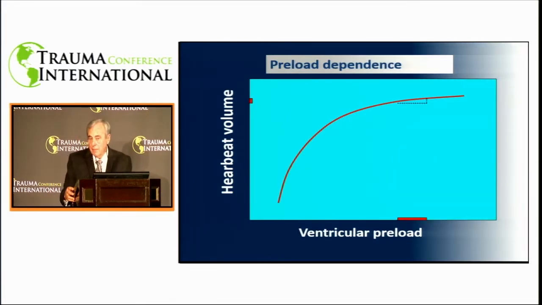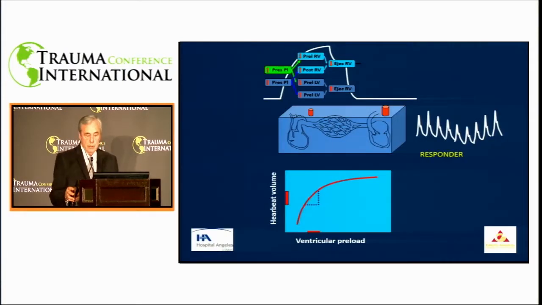But those that are in the flat stage, which are the patients that won't respond to volume, are the ones that probably already have excessive volume and poor cardiac function, and therefore the volume provided to them is going to damage them because they're on the flat part of the systolic function curve.